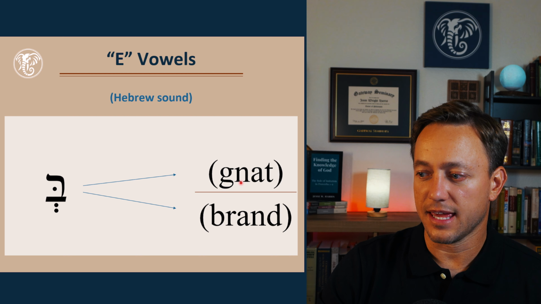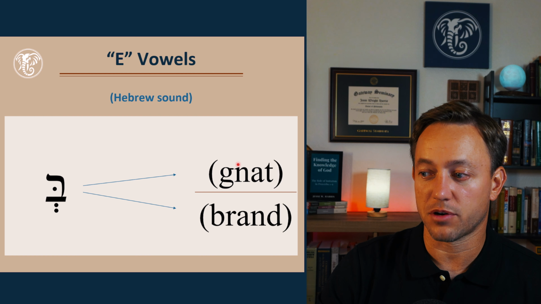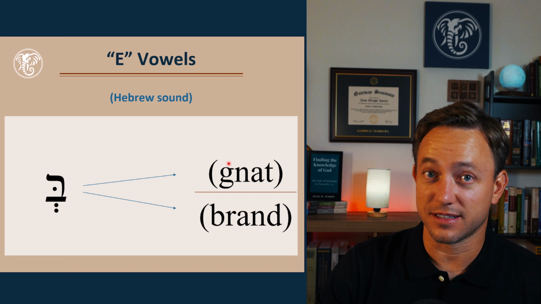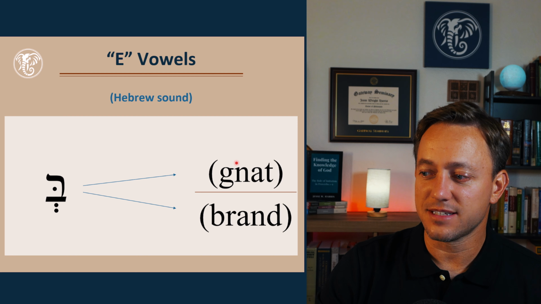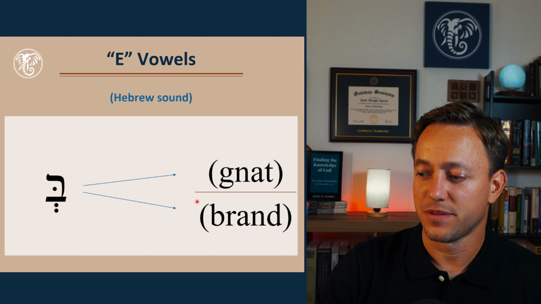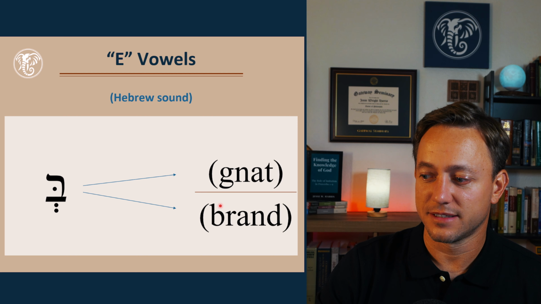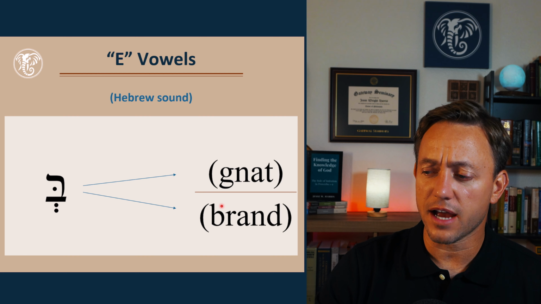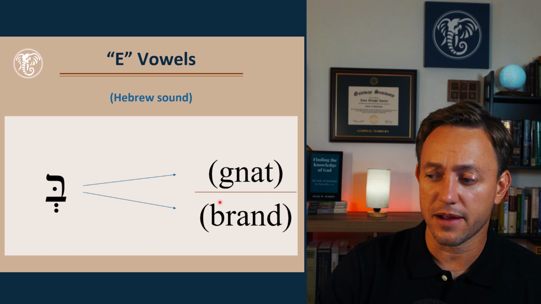Now, in English, we do have some examples where it's not really pronounced, like gnat, right? So the G is basically almost silent. Now, that's not technically what it sounds like, but it's more like brand is oftentimes what it actually sounds like. So you could sound this out separately, right? Borand.